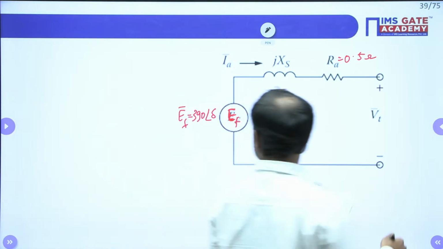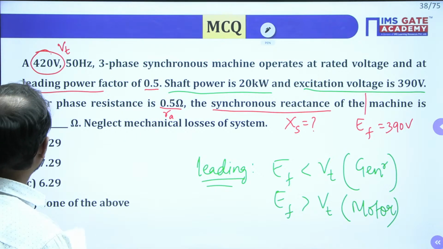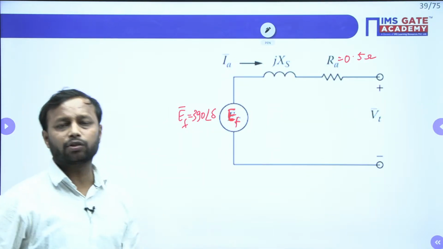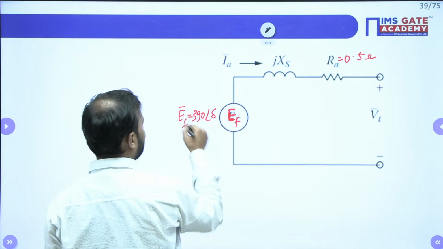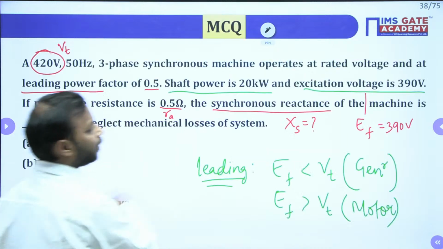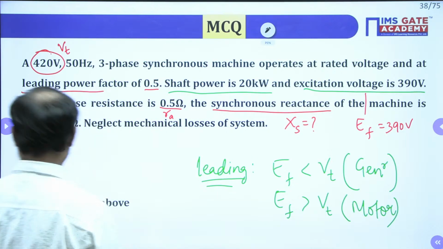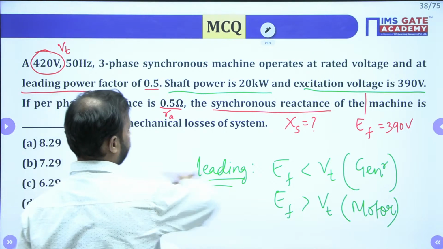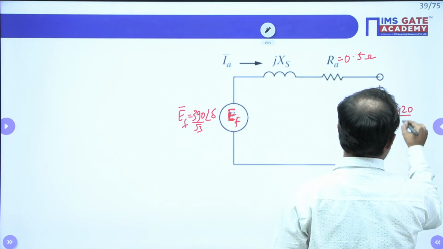VT is given as, okay, is this delta or star connection? It is not given in the question. So whenever connection is not given, we will assume the star connection. So this EMF will now become 390 by root 3. 390 is the line voltage. And this VT is equal to 420 by root 3.